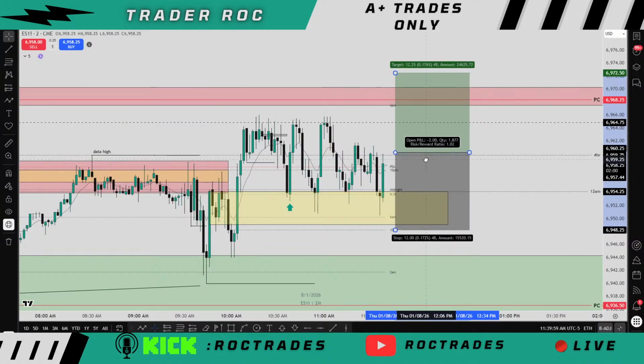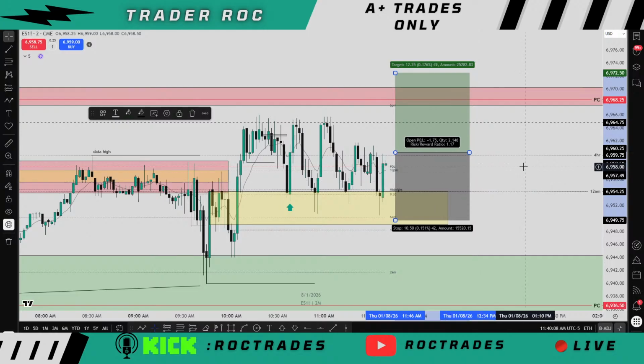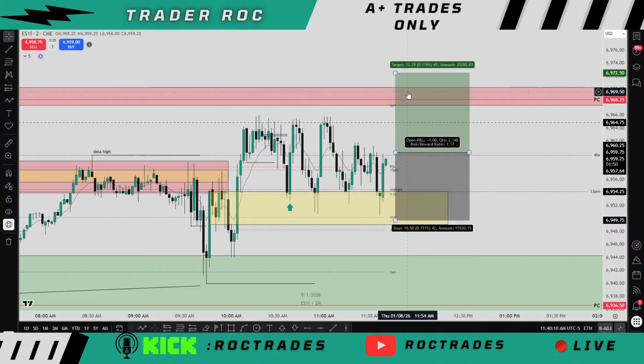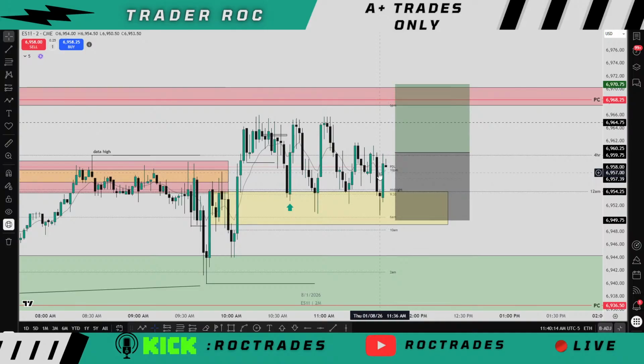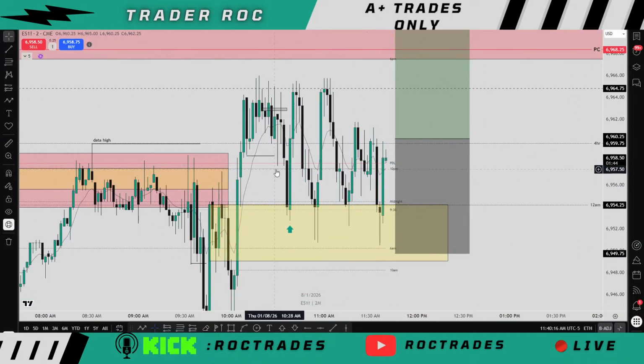How many points would I need on a stop? About 12 points, not even. Cover this low, 10.5 points. And I'm looking for 10.5 points here. So I just want to see price hold above this previous daily low here.